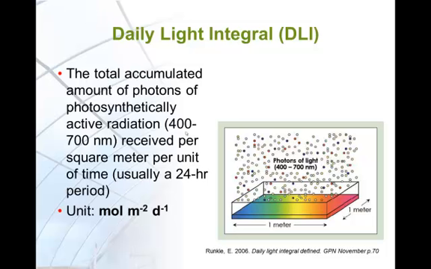So it is the integrated photons, the amount of photons in that range, 400 to 700, per square meter per unit of time, and often it's a day, 24 hours. And usually at nighttime there's none, so it's basically daytime integration.